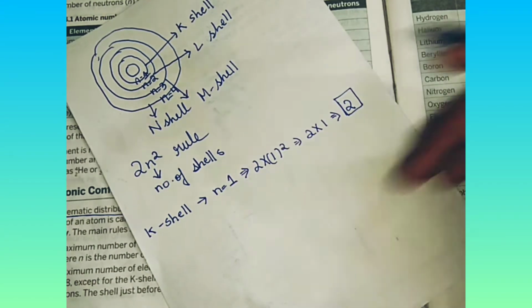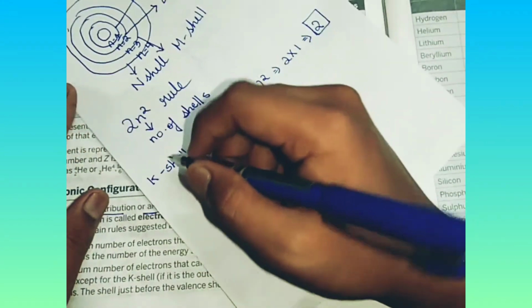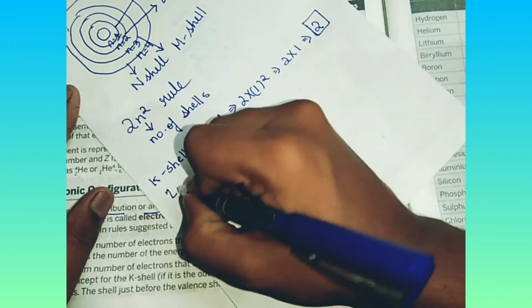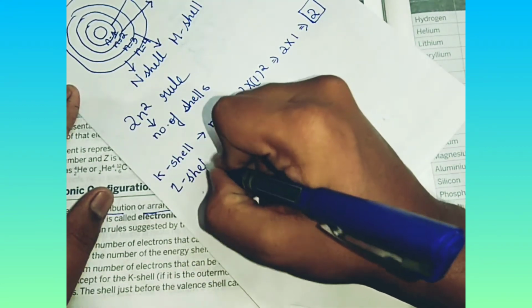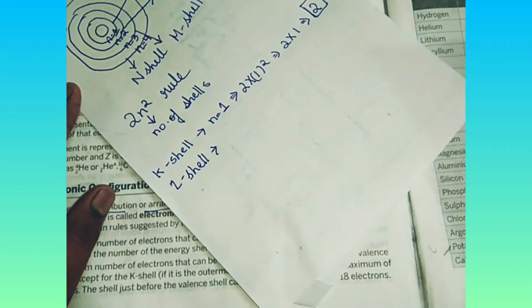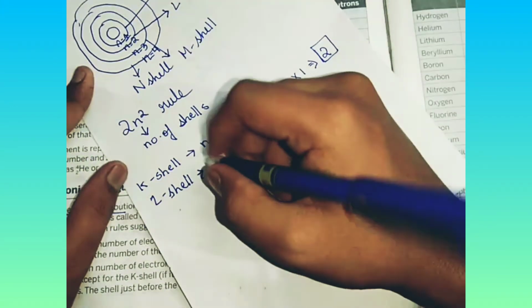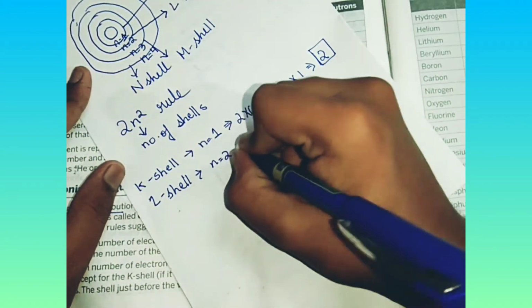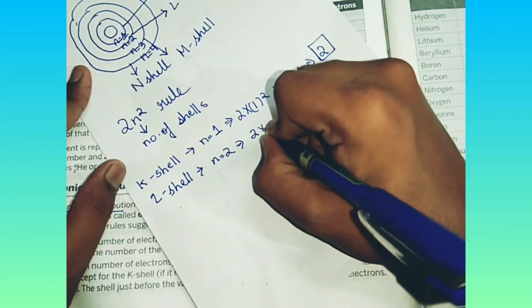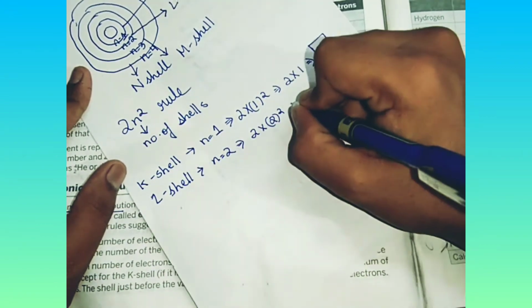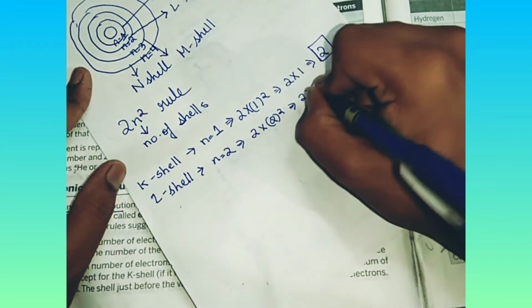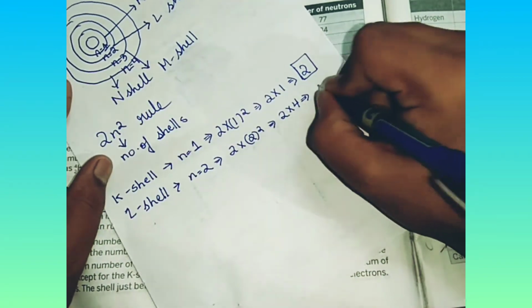Second we have the L shell, in which n is 2, so 2 into 2 square, which is 2 into 4, and hence it gives us 8.